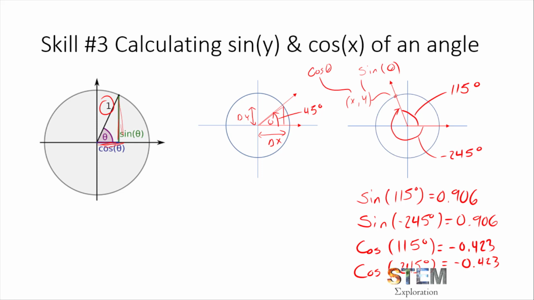And so let's plug this into our calculator. If we go sine of 45 degrees, you'll get 0.707 as one of your values. And then if you go cosine of 45 degrees and plug that into your calculator, you'll again get 0.707 as your value that pops out. And that's just how you would evaluate it and plug it in. So go ahead and try this. If you don't get these numbers, go to the bonus skill at the end of the video and then you'll see how to do it.